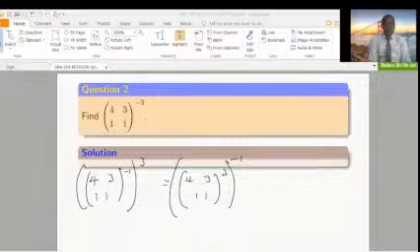These are the two ways you can do this question. First, find the inverse of this matrix and then raise that inverse to 3. Or find the cube of this matrix and then get the inverse of the resulting answer. I want to use the first option.